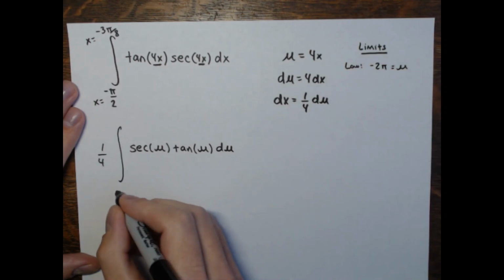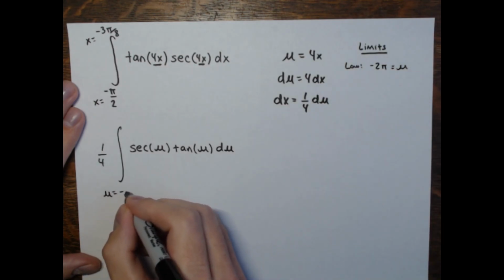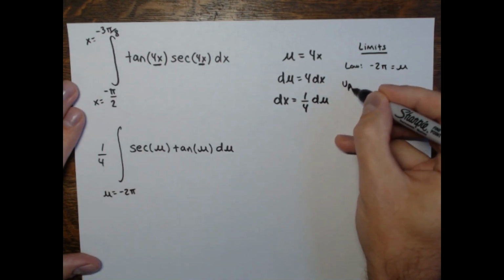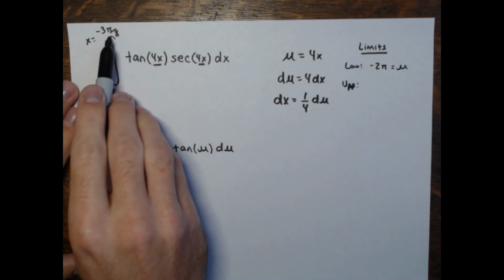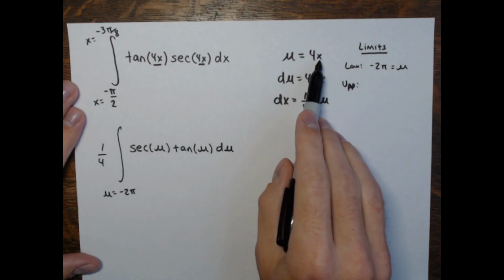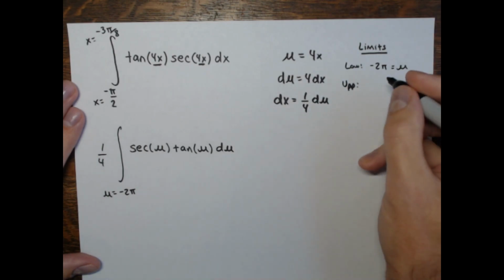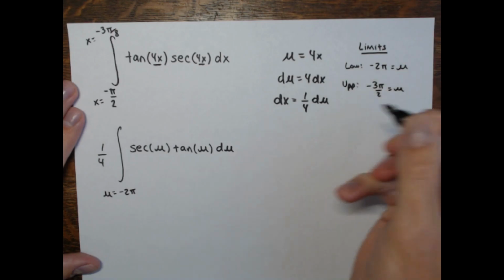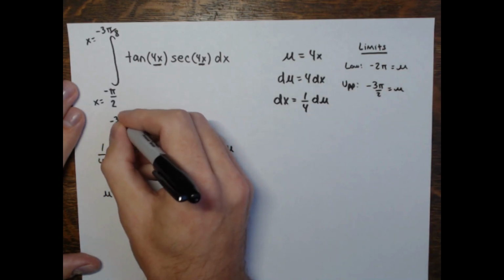U equals negative 2 pi. And the new upper limit: the original was negative 3 pi over 8, and u is 4 times that, so negative 12 pi over 8, which is negative 3 pi over 2. Negative 3 pi over 2 for u for the upper limit.